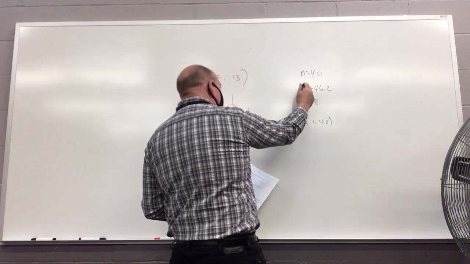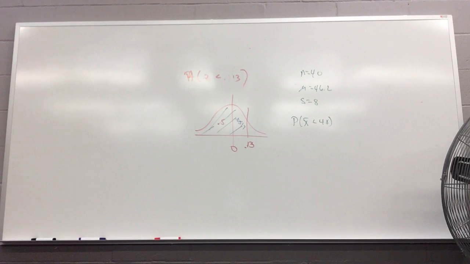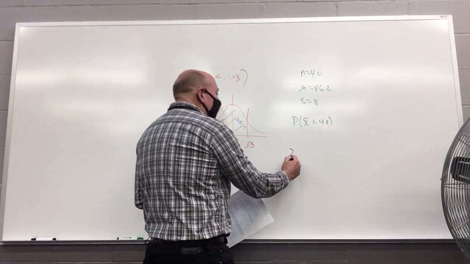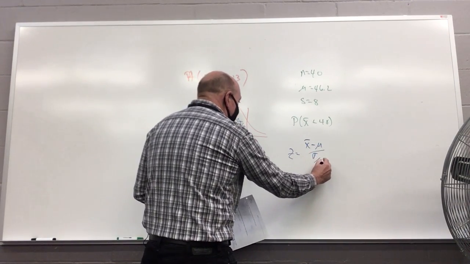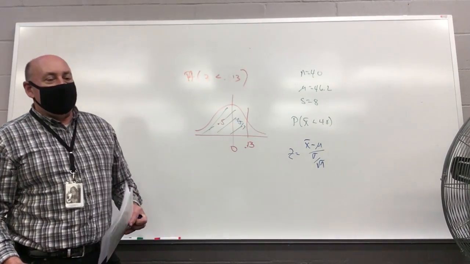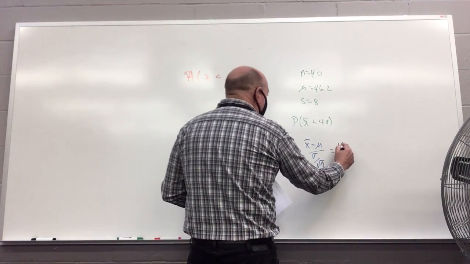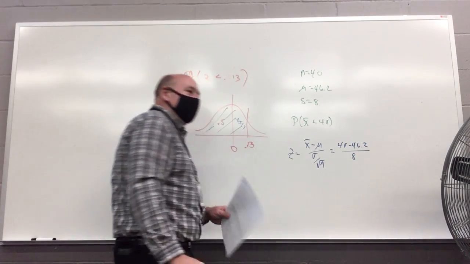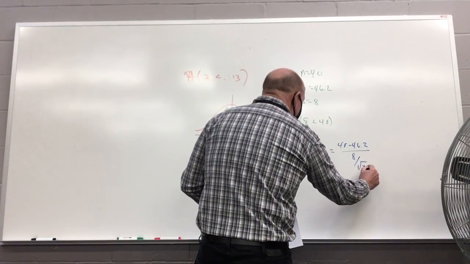I guess that should be mu. So we're looking at the mean is valued or less than 48. So now we look at z is equal to x bar minus mu divided by standard deviation over square root of n. We got most of us got the top correct, 48 minus 46.2, but did not know how to deal with the bottom. That's my standard deviation. I have to divide that by the square root of 40.